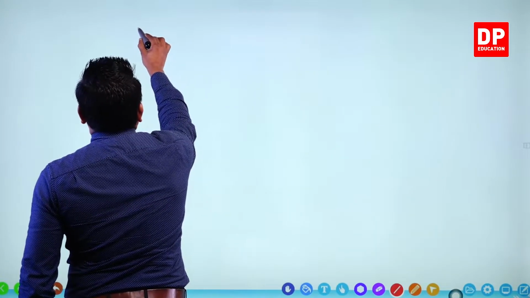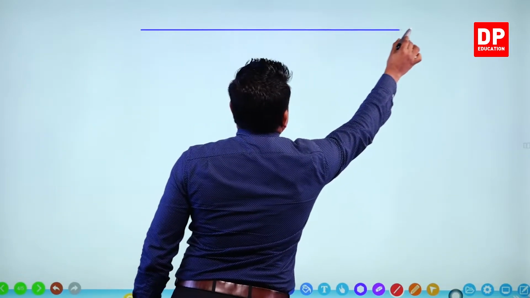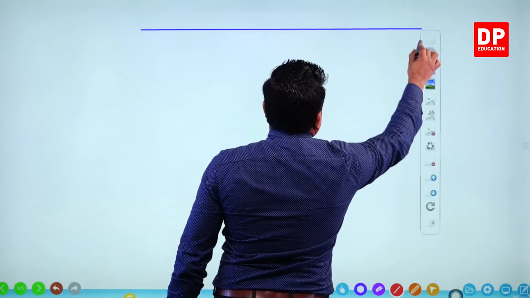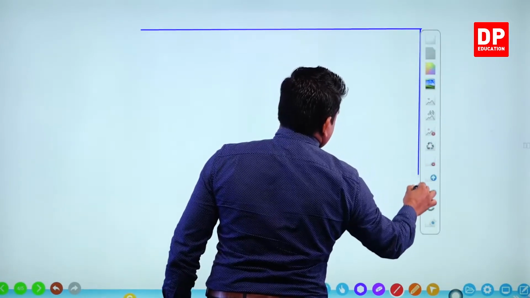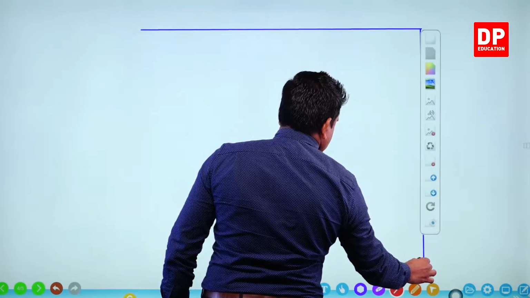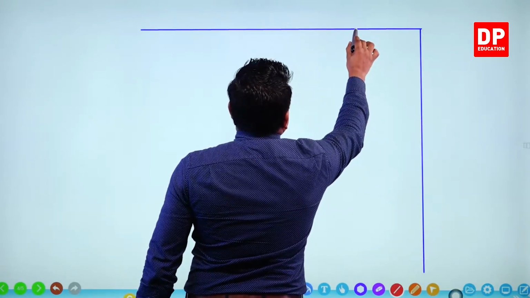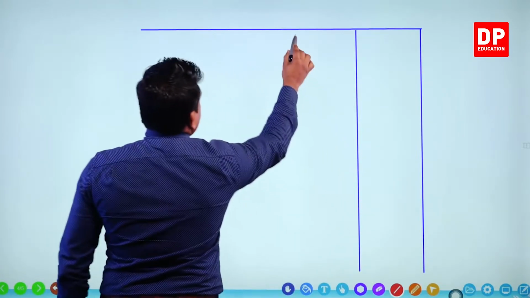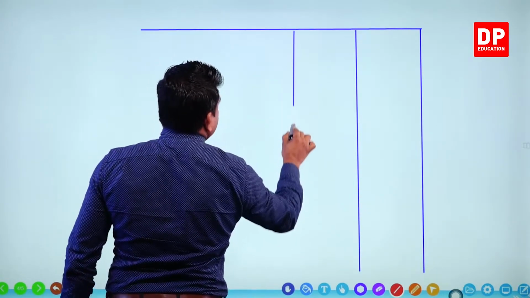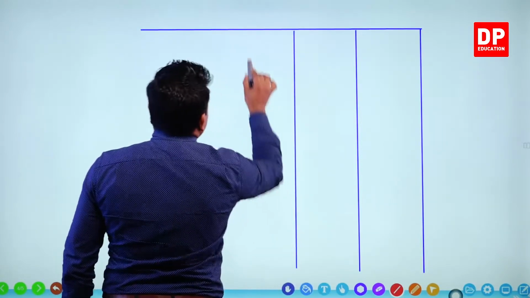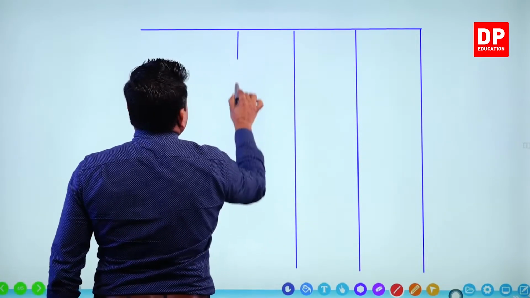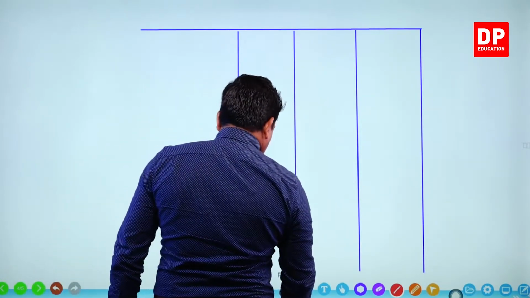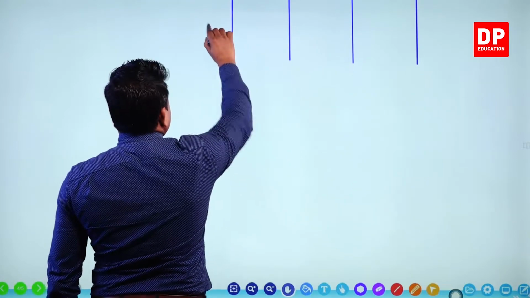Okay, we have to draw 3 columns. I think it's better to expand.